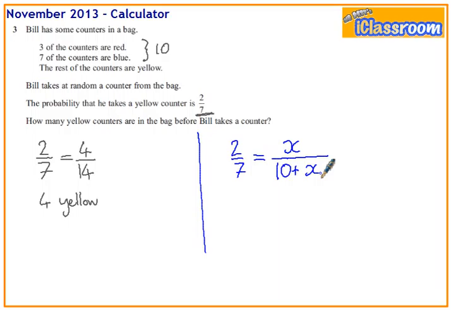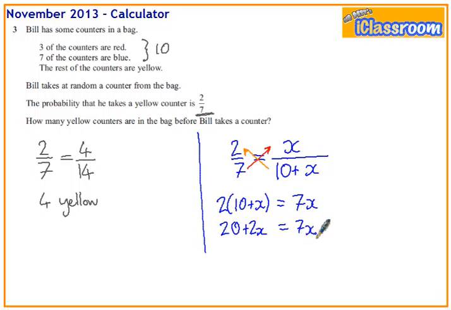Now I can cross multiply, to find that 2 lots of 10 plus x is equal to 7x. Expanding, 20 plus 2x is equal to 7x. Subtracting 2x from both sides, 20 is 5x. Dividing by 5, x must be 4. What was x? The number of counters. So there's my final answer for yellow counters.